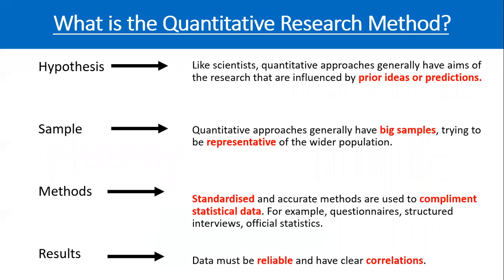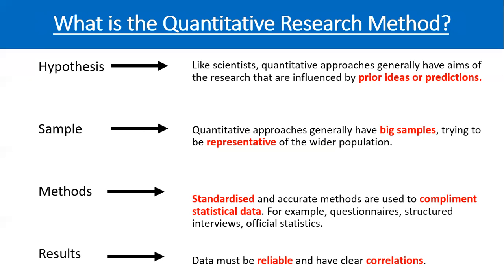So this is going over the quantitative research method first. So like scientists, quantitative approaches generally have aims of the research that are influenced by prior ideas or predictions. Remember that they're like scientists, and like most scientific studies, they have a hypothesis. So they have this view of really proving or disproving their own ideas.